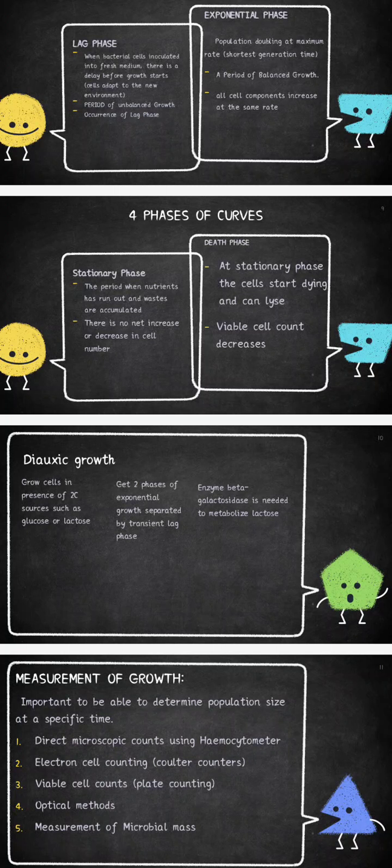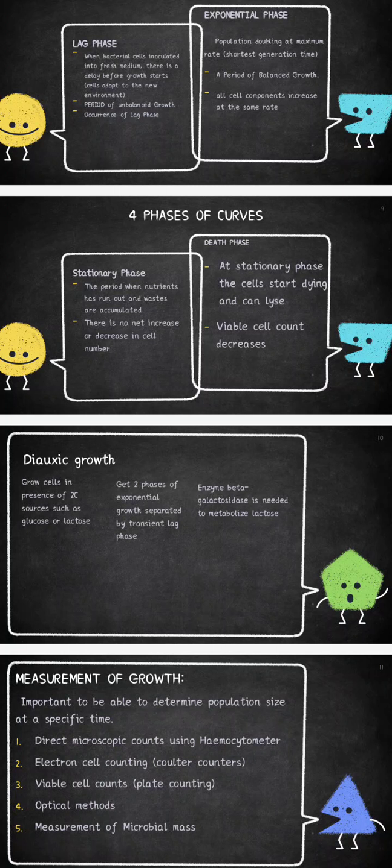Your enzyme beta-galactosidase is needed to metabolize lactose. So, they need that enzyme beta-galactosidase in order to metabolize the lactose. The presence of glucose here prevents your beta-galactosidase synthesis, which is called catabolite repression.